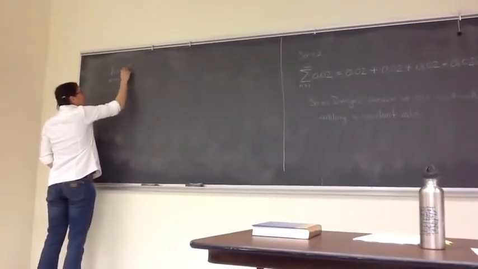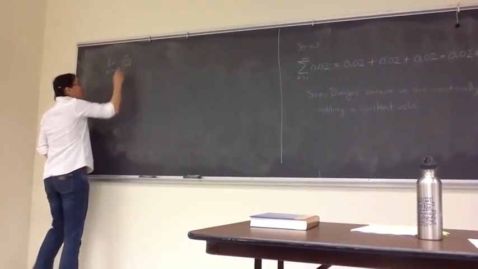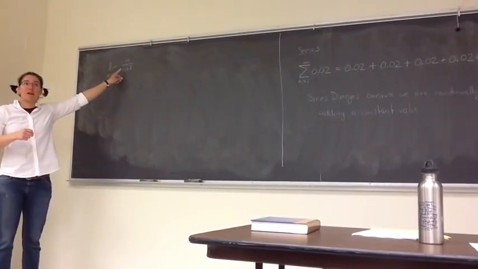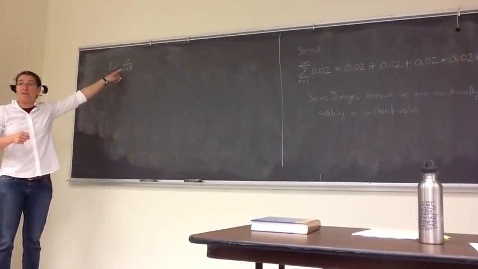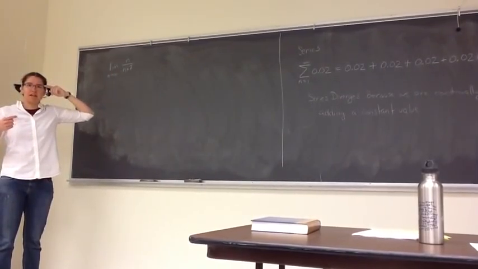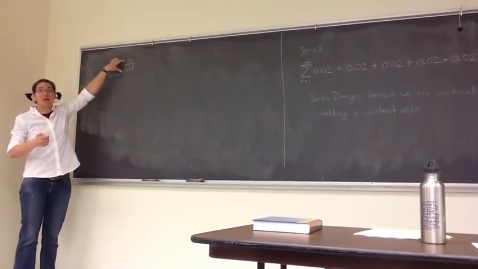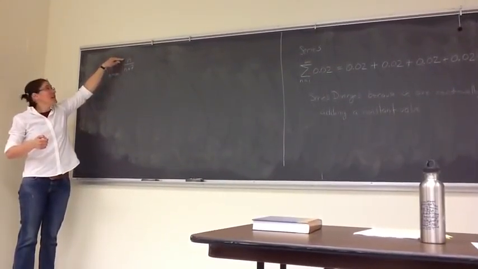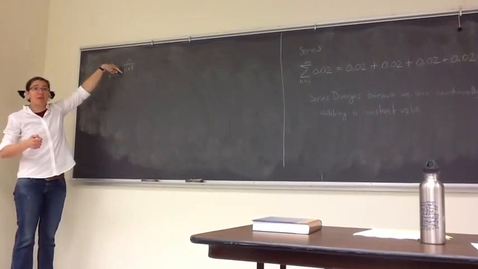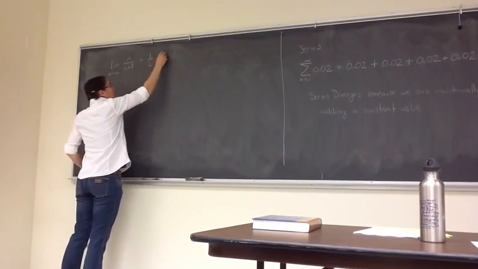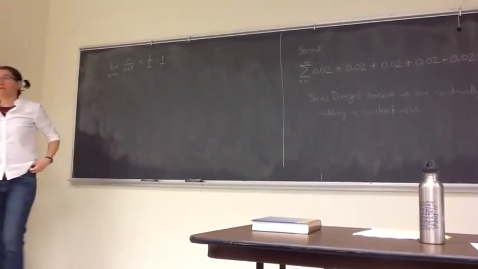I look at the limit as n goes to infinity of n over n plus 7. By the way, at this point I'm looking at the limit of a sequence, so I can use my sequence ideas. I can look at the highest power in the numerator and denominator, and I see the highest power is 1 on the top and the bottom. So I can look at their coefficients, and I get 1 over 1, which is 1.